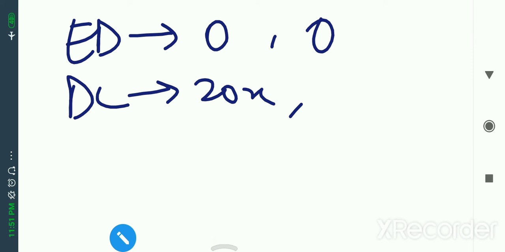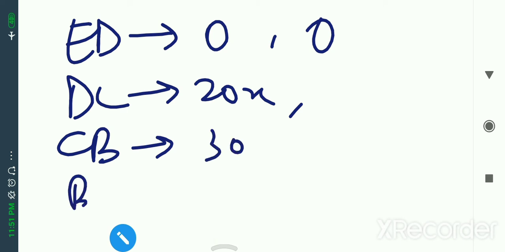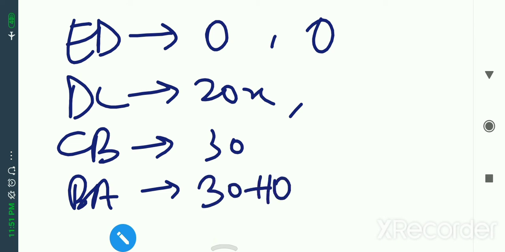For CB it was 30, and for BA it was 30 plus 10x. What was the value of small m calculated?